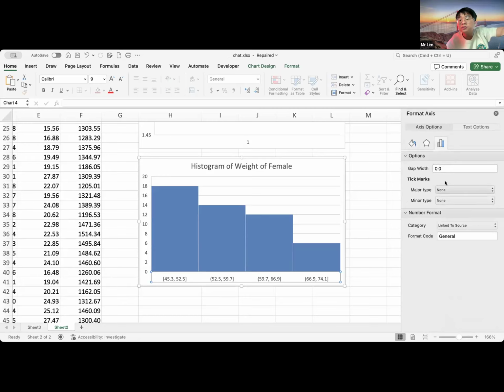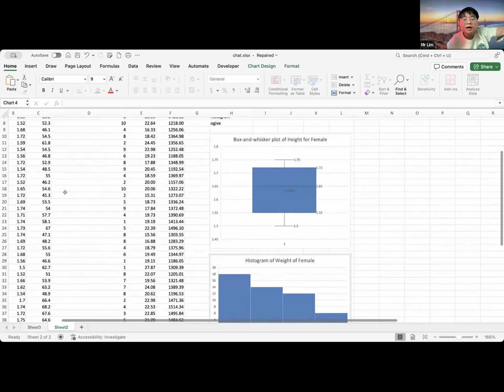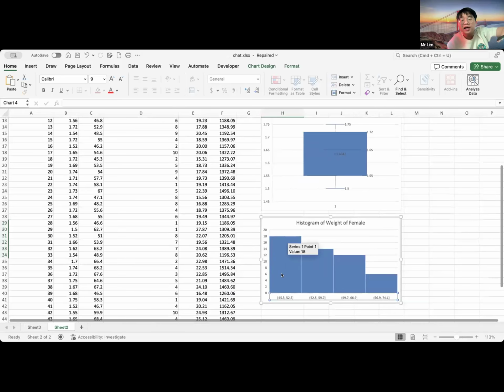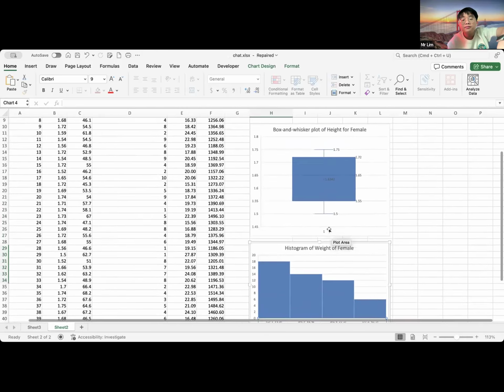The axis option. If you change, nothing happened. It's okay. I also leave it to you. But simply saying, you can make a histogram. And what you need to do is just adjust the necessary component.